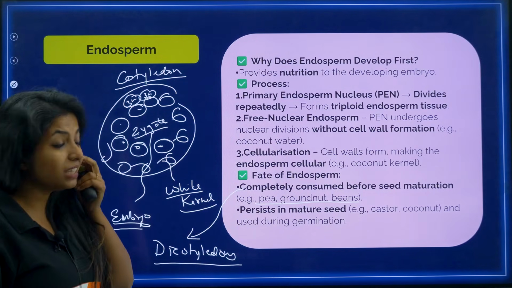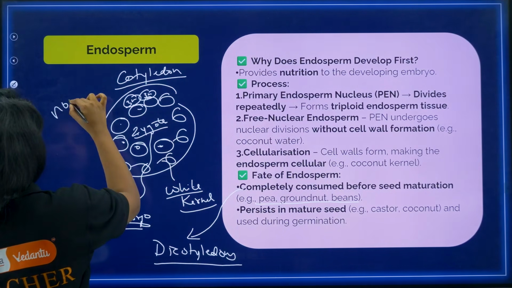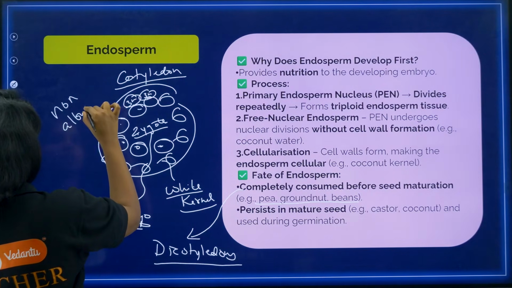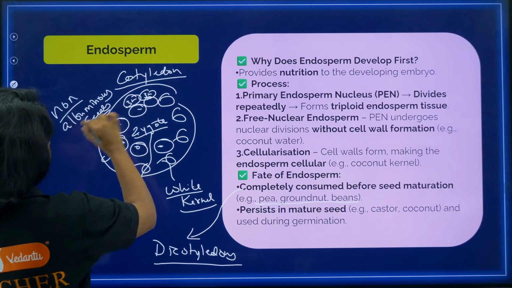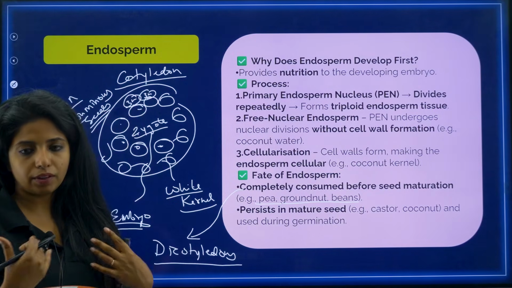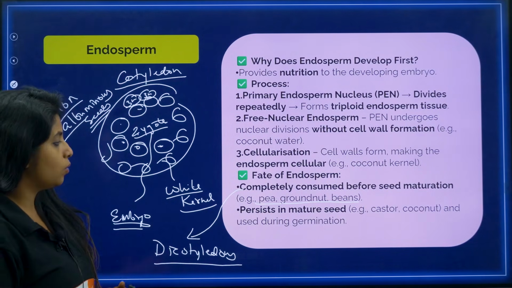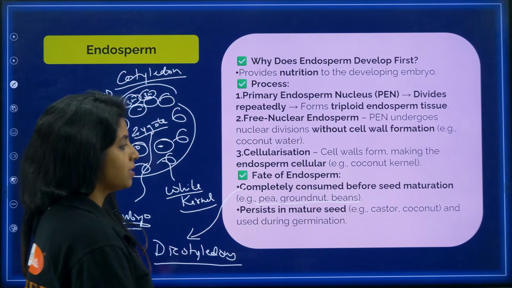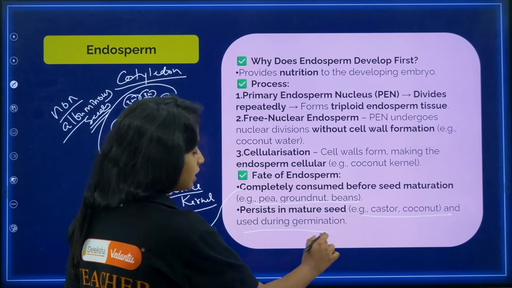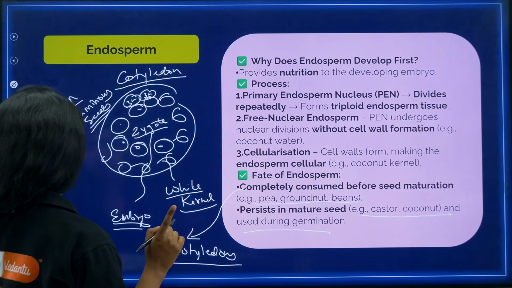Okay, now these seeds are also known as non-albuminous seeds, where it is utilizing everything. Now, persistent mature embryos: somewhere the endosperm is still persisting. For example, castor, coconut, etc. Castor is an example of a monoecious plant as well, remember that.